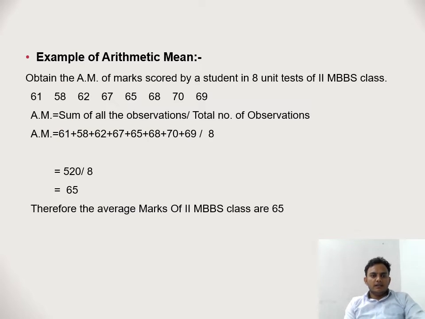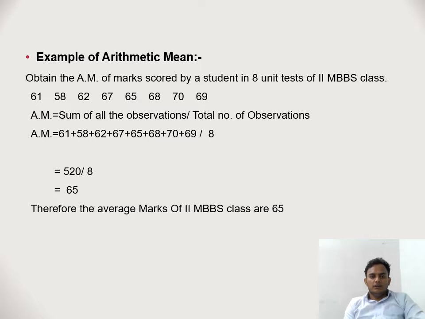Now let us understand with this example. Obtain the arithmetic mean of marks scored by a student in 8 unit tests of second year MBBS class. So here are the 8 observations of marks of different unit tests, and the formula of arithmetic mean is sum of all observations divided by total number of observations.